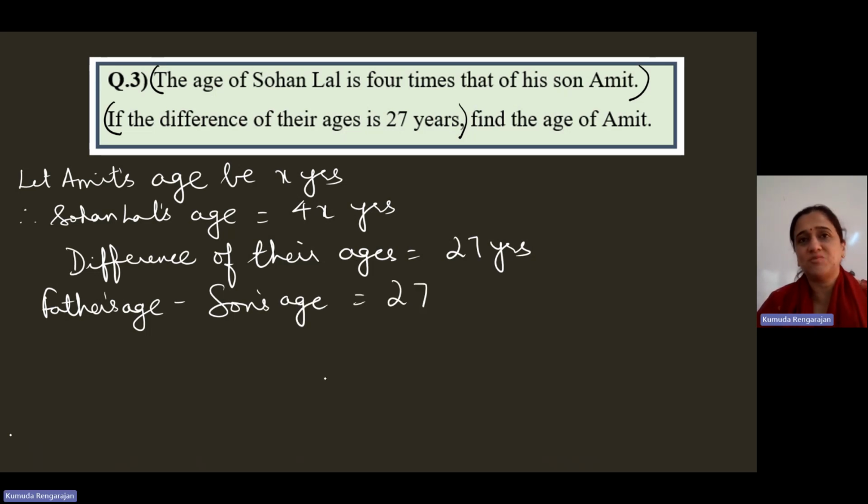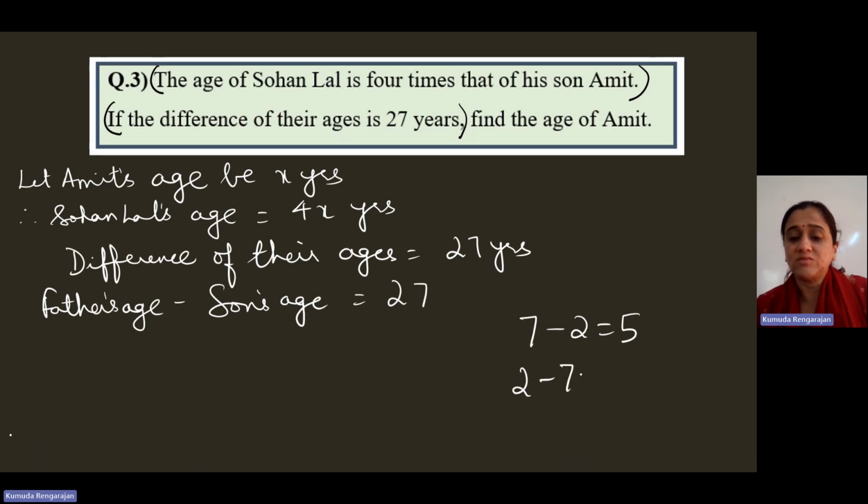It cannot be son's age minus father's age equal to 27. Since 27 is positive, you write the bigger number first and then the smaller number. See, 7 minus 2 is 5, 2 minus 7 is minus 5. So if the difference is negative, you write the smaller quantity first and then the larger quantity.